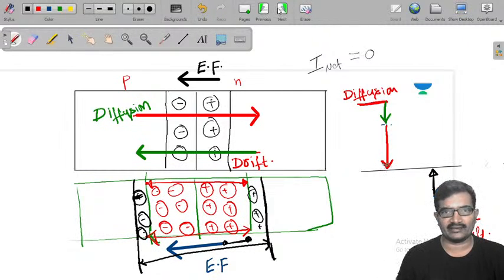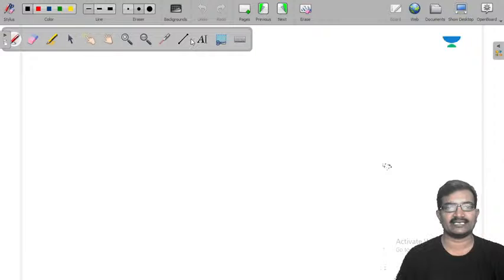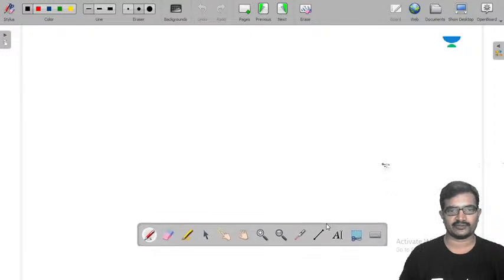Now, finally, under steady state, your PN junction diode seems to be like this.